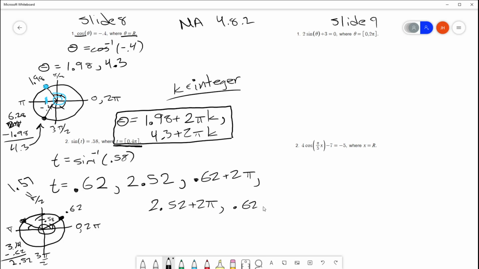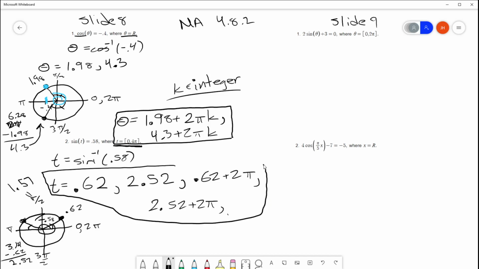I cannot have 0.62 plus 4 pi, because this would be greater than my domain, which is 4 pi. So this cannot be a solution. My only solutions are going to be 0.62, 2.52, 0.62 plus 2 pi, and 2.52 plus 2 pi. And that's number 2.